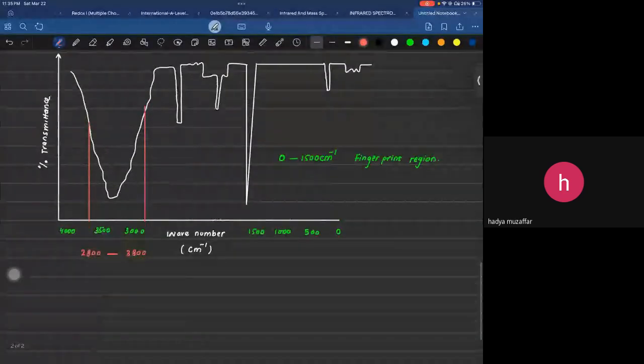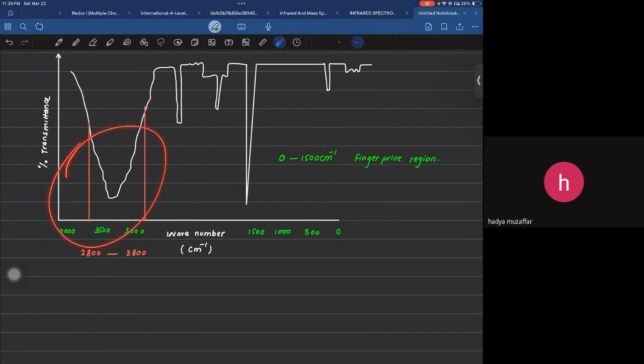I would check the data booklet and match which bond absorbs this frequency. Oh, carboxylic acid, I can identify it easily. Then I would see this peak; of course it is a weak signal, but I'm going to consider it.